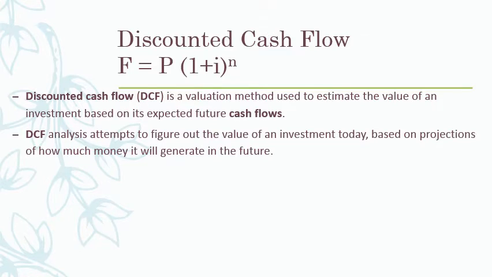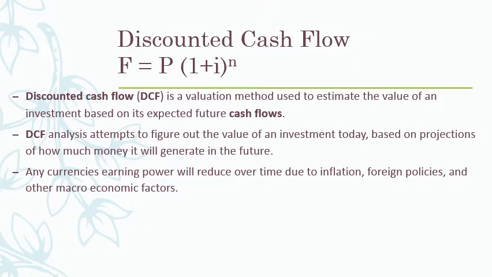DCF analysis attempts to figure out the value of an investment today based on projections of how much money it will generate in the future. So if I invest today, how much is going to be there after 10 years? Or if I want so much money after 10 years, how much must be invested today? These are the types of questions that DCF analysis will answer.